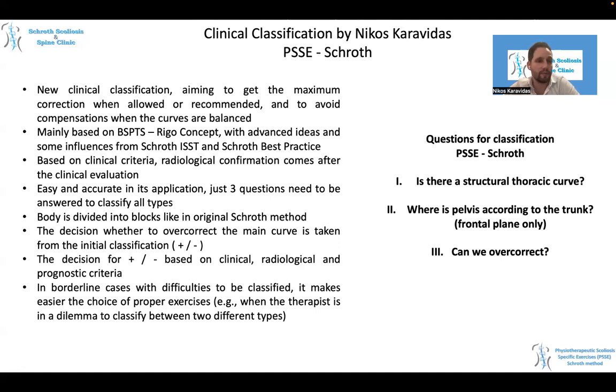Our classification is mainly based on BSPTS-Rigo Concept, but with advanced ideas and also some influences from ISST and Best Practice. Our clinical classification, of course, is based on clinical criteria. So as I said before in the presentation, please always, before you look at the X-ray, take a look at the patient.